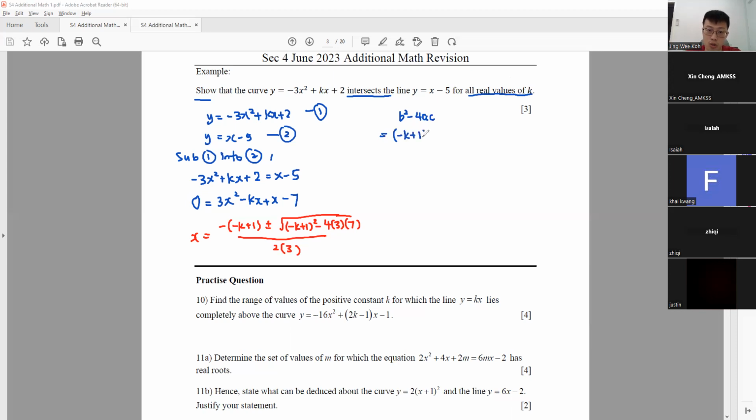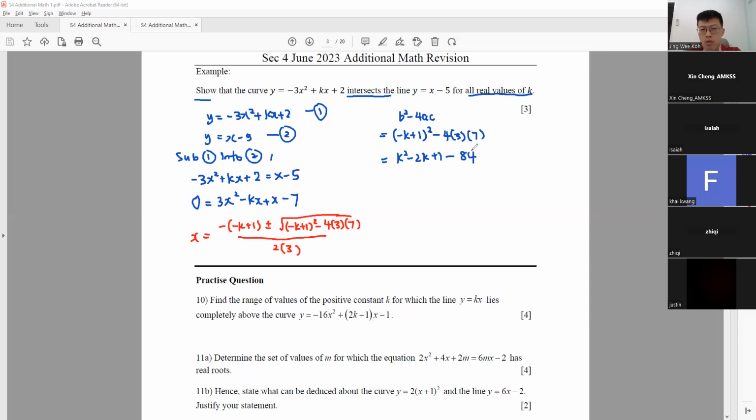So what you need to do is, how do we show something is always positive or negative? Completing the square. Okay, just now we went through completing the square. So expand this to become k square minus 2k plus 1 minus minus what? Minus 84.